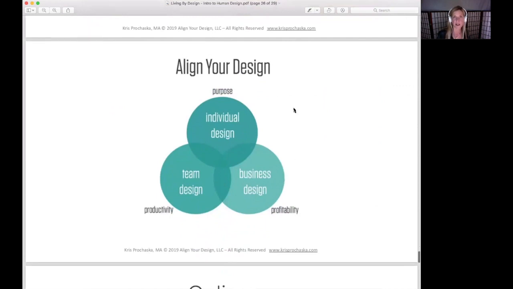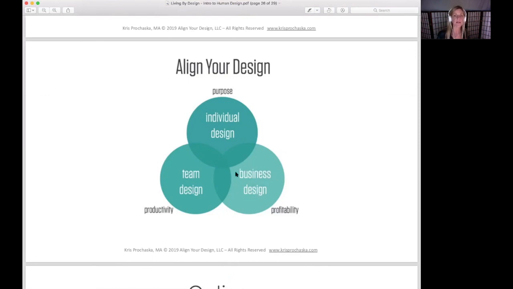So Align Your Design is my company, and I just want to show you this again as an aspect of how I use it. I look at an individual's design, whether that's as a part of a team, as a leader, or as an entrepreneur, and look at the individual designs and the business design.